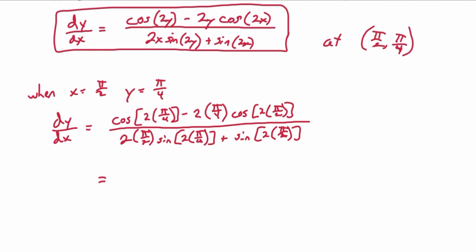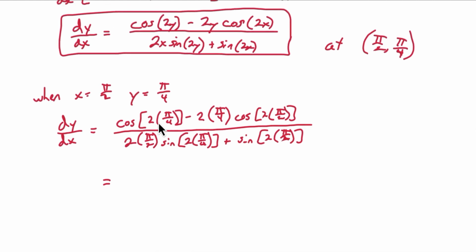So let's take this one piece at a time. We have the cosine of 2 times pi fourths. That's really the cosine of pi halves, which is 0, minus 2 times pi fourths is pi halves. And we have the cosine of 2 times pi halves.